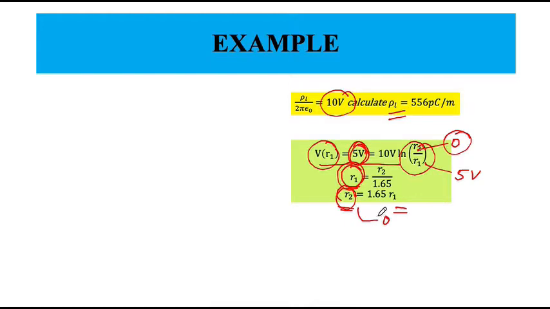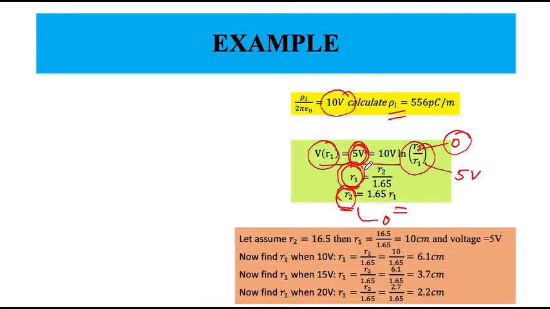So I have an infinite line charge over here, and along a radial distance which I assume as 16.5 centimeter, I'm going to choose this as my point of zero potential. In fact it will not be up and down, but rather along a circle.